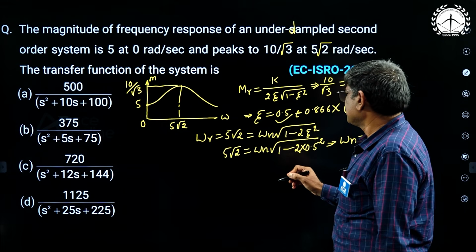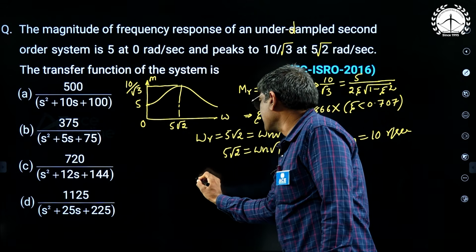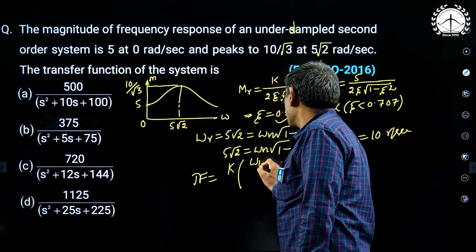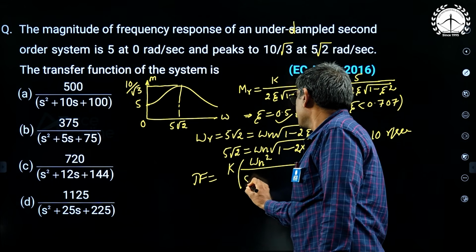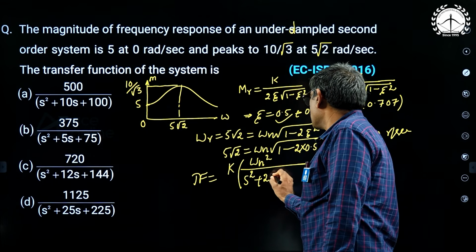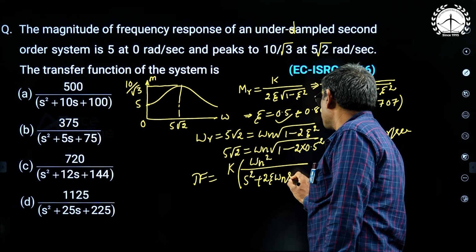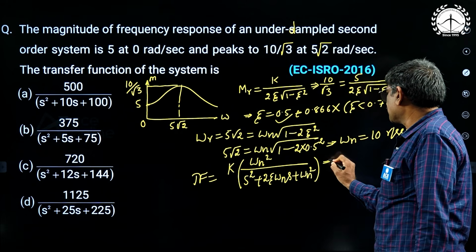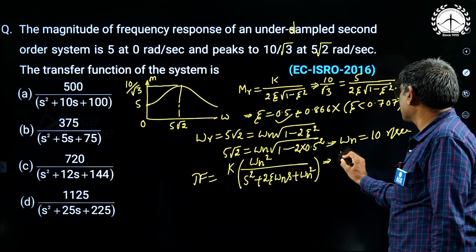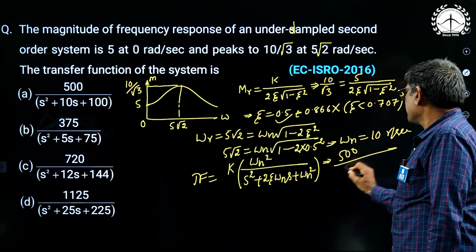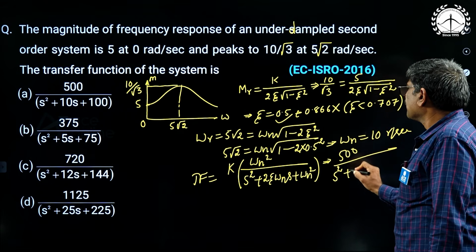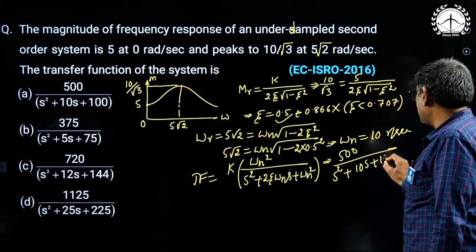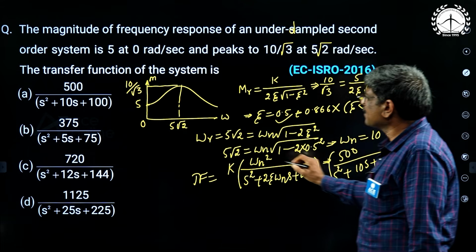So then, simply what is the transfer function? Equal to K into omega n square divided by S square plus 2 zeta omega n S plus omega n square. So then you substitute K and omega n as 10, which means 500 divided by S square plus 10S plus 100. This is the answer. So that means the answer is A.